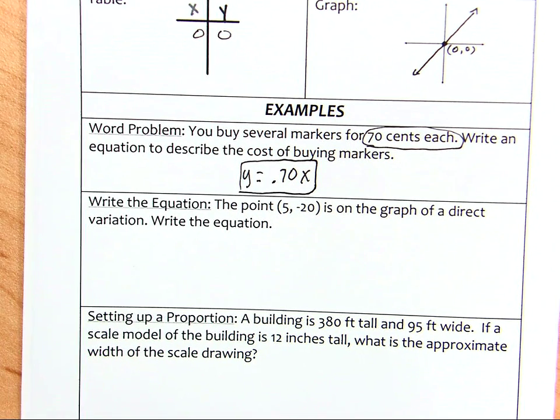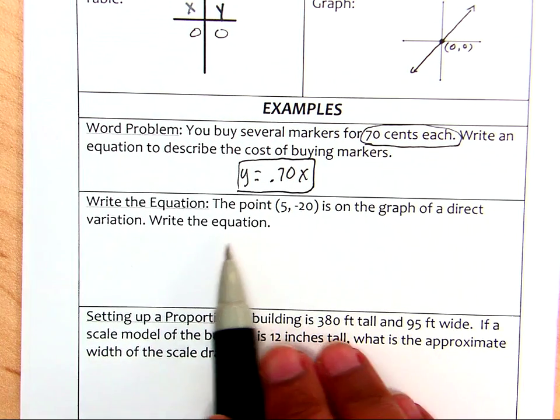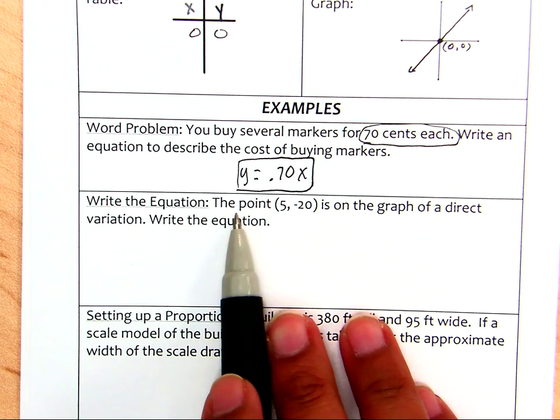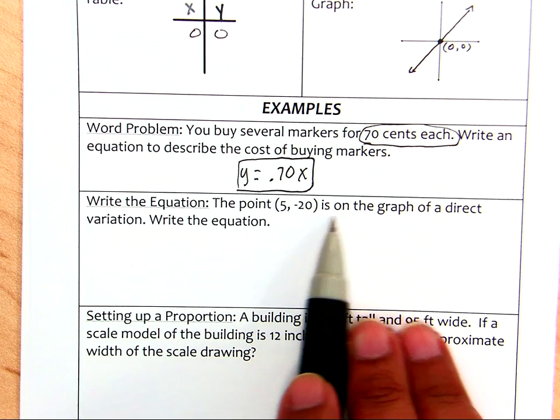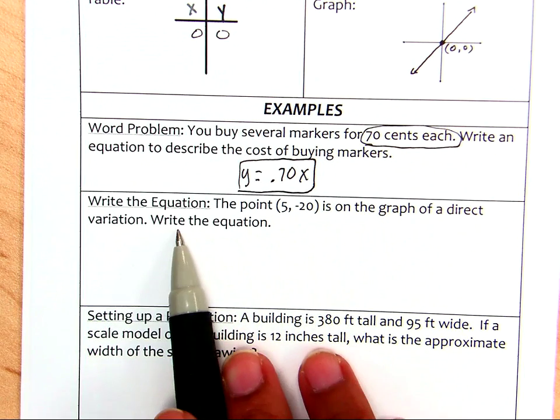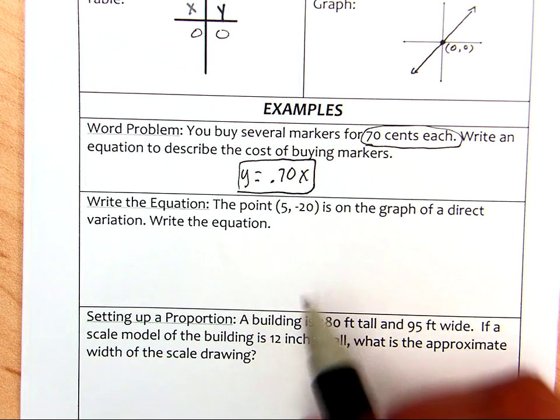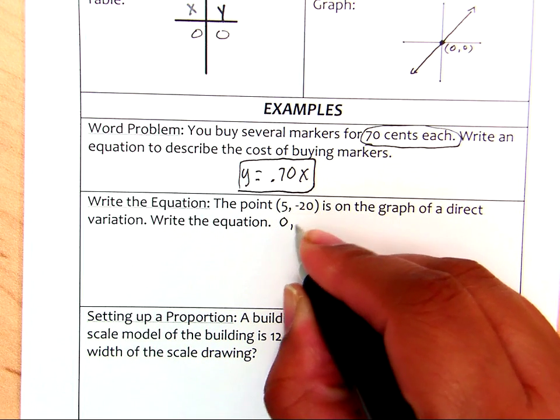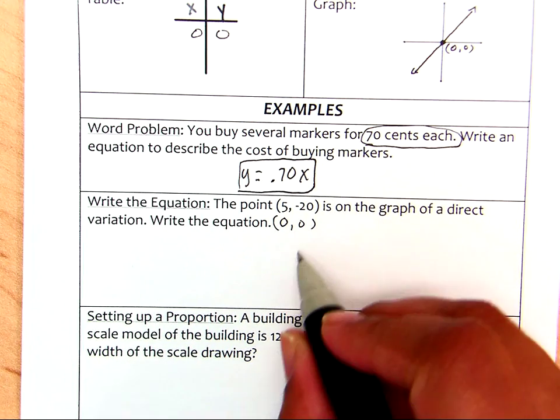Okay, on this problem, we know that the point (5, negative 20) is on the graph of a direct variation. We're going to want to write the equation. So if you'll look, we know that the graph goes through 0, 0.